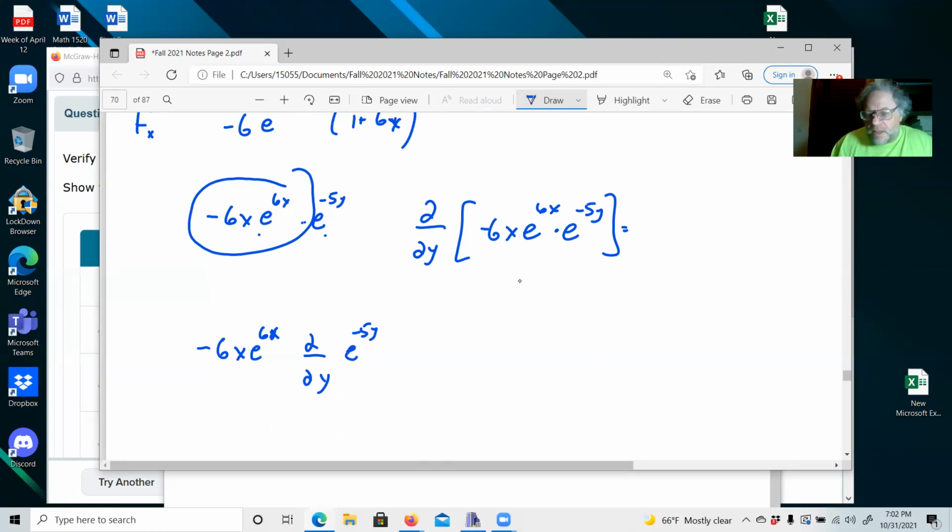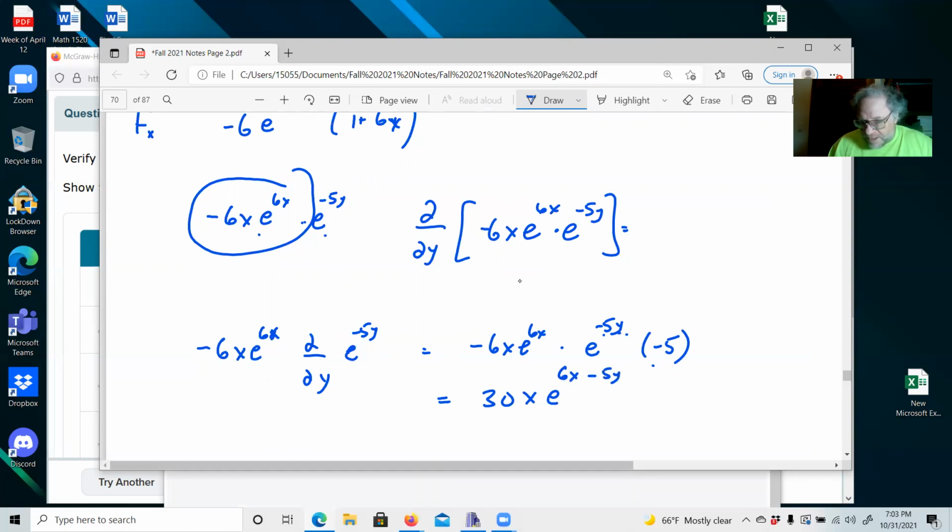All right, so taking this derivative, we end up with negative 6x e to the 6x, that's all constant, times e to the negative 5y, times the chain, so there's a minus 5 here, because the derivative of negative 5y is just negative 5. Now we have to put all this together, so this is going to be 30, 5 times 6, x e to the 6x minus 5y. And that would be our partial with respect to x and y.